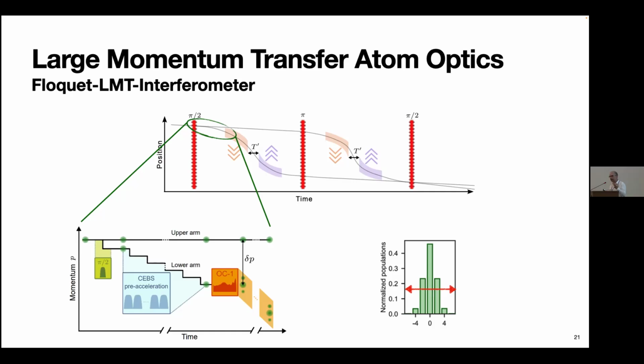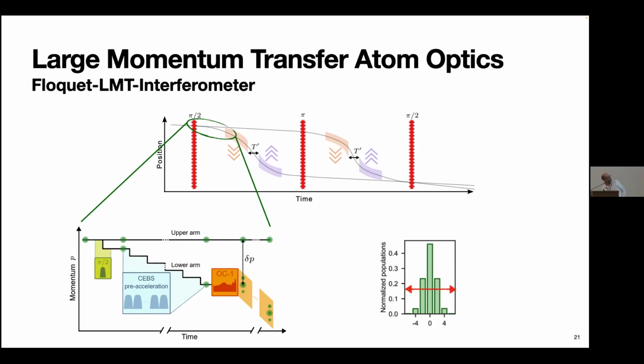We have to face a problem here: our Floquet states are quite broad. They are distributed over many momentum states. So at the beginning of the separation, you can have a Floquet state that could mix with the other arm, and this is not what you want. You want two distinct arms. You want to address the two arms separately.